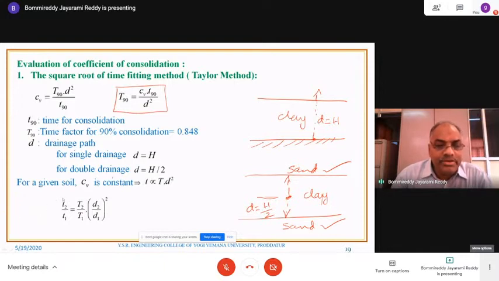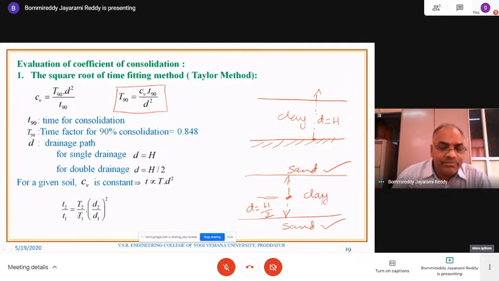Now look at other points. For a given soil, Cv is constant. Only for a given soil, only Cv is constant. Now how does time depend? Time is proportional to T and d square, because Cv is constant. So you can write t2 by t1 equal to capital T2 by T1 and also d2 by d1 whole square.